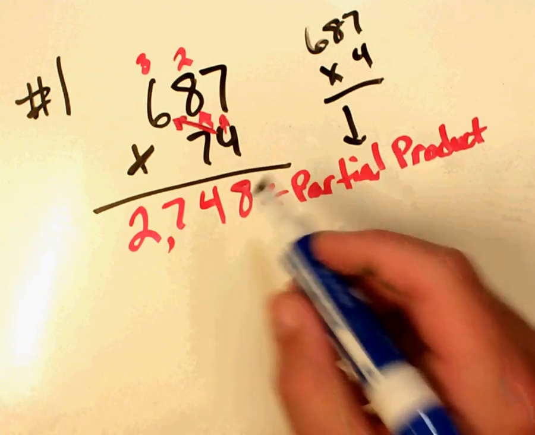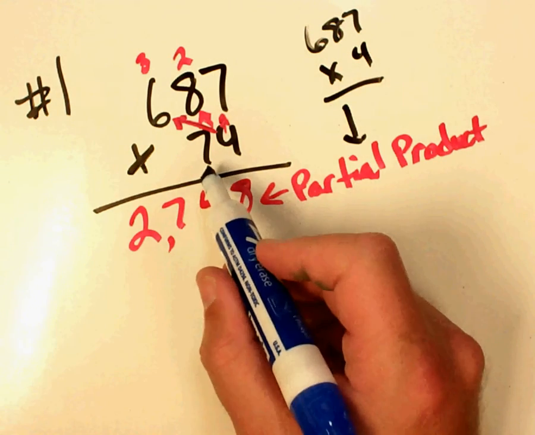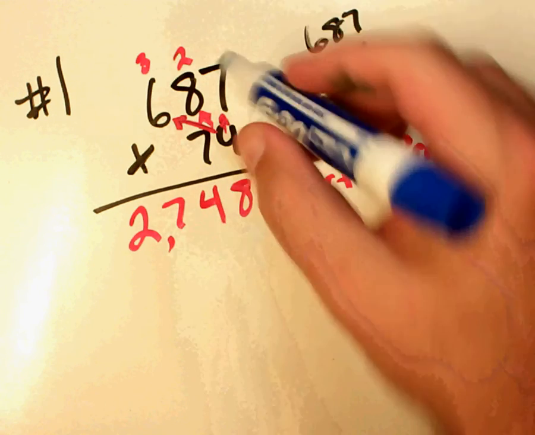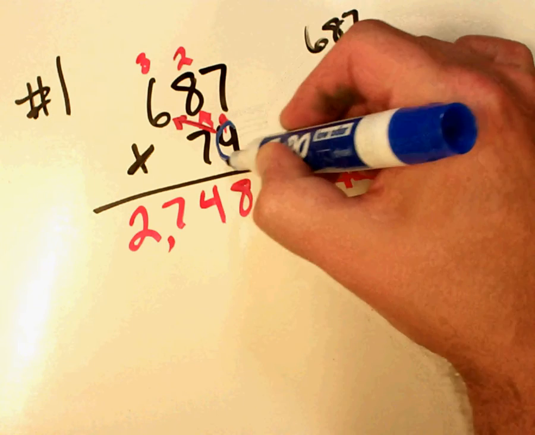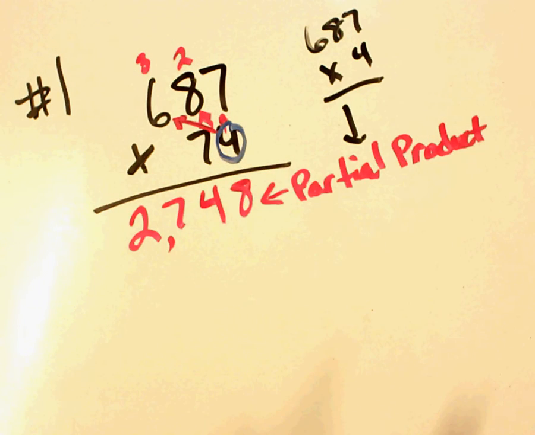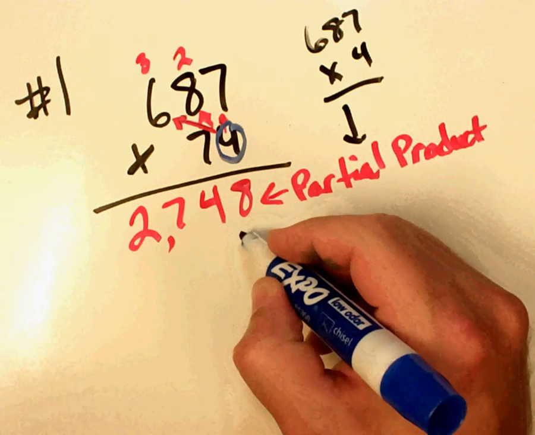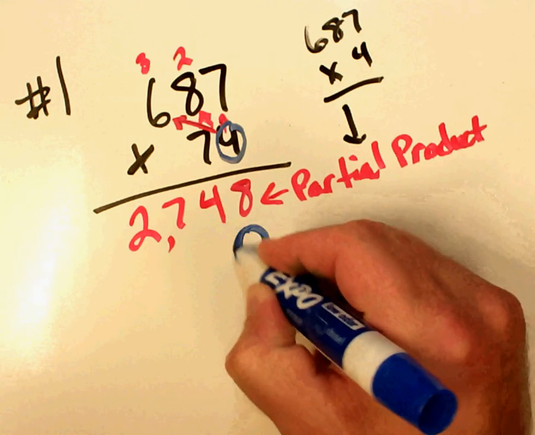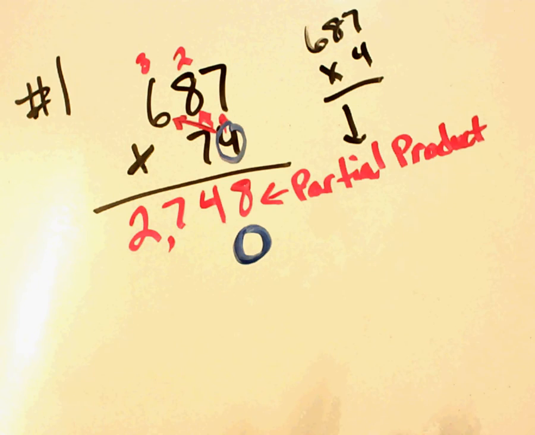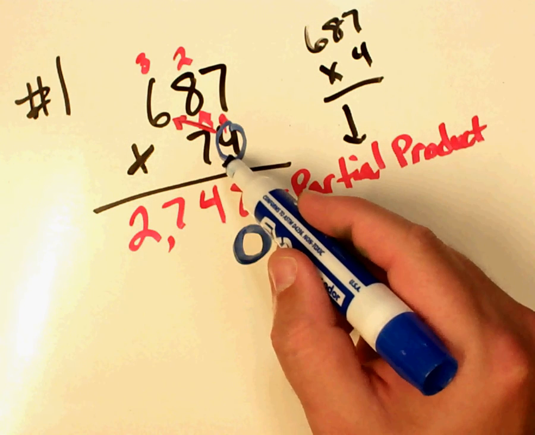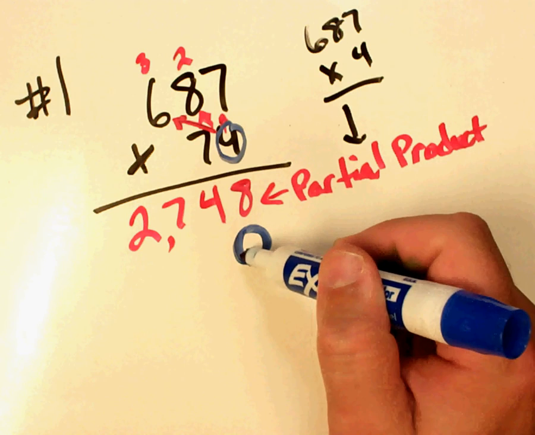Alright, so now we're multiplying by our 7, but remember, it's not a 7, it's actually 70, because it's in the tens place. So I'm going to circle my 4, just as a reminder that this is 70, and I'm going to put my placeholder down here, because since I'm multiplying by 70, and there's a 0 in the ones place, then there can't be anything in the ones place here.